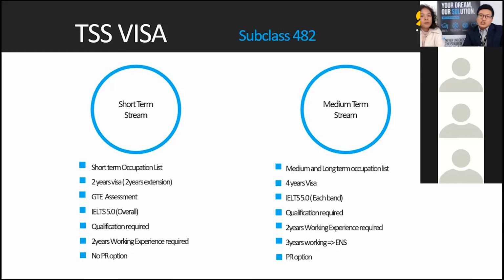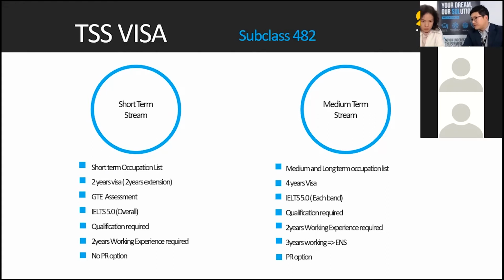Because of this short-term nature, applicants must get the GTE assessment. They have to prove that they are applying for this visa for work purposes, not for permanent visa purposes. The IELTS requirement is just overall 5.0. For the PTE, over 36. And this TSS visa requires the relevant qualification and also 2 years of work experience.